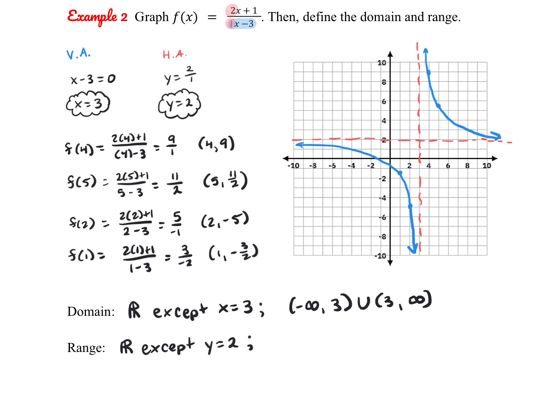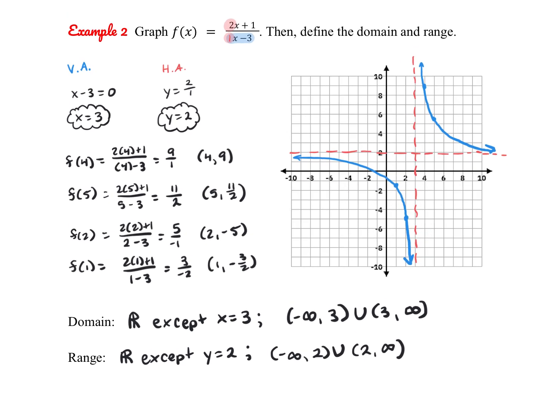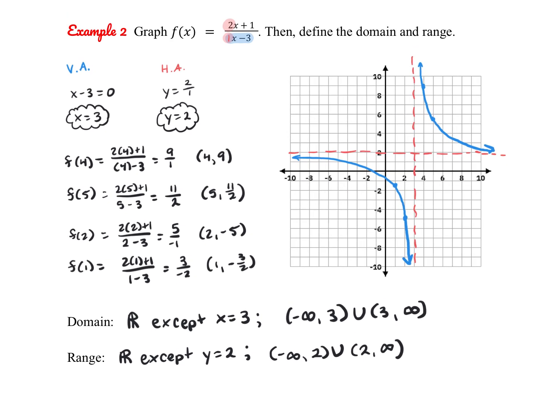And in interval notation, again, I go negative infinity to 2, not inclusive, or with a union symbol, and then I pick back up again, and then I go 2 to infinity. But again, because 2 is not inclusive, this is essentially saying all real numbers except for 2. So there you go. Here we have our domain and range in 2 different notations.